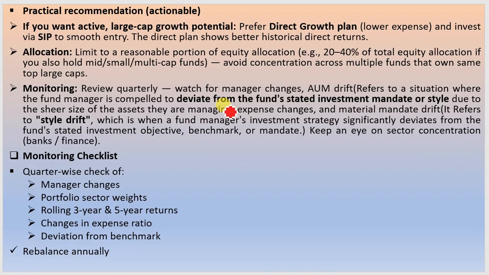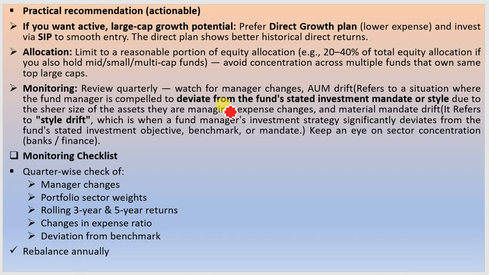Monitoring and review quarterly. Watch for manager changes. We should see the changing of managers. What is AUM drift? AUM drift refers to a situation where the fund manager is compelled to deviate from the fund's stated investment mandate or style due to the sheer size of the assets.